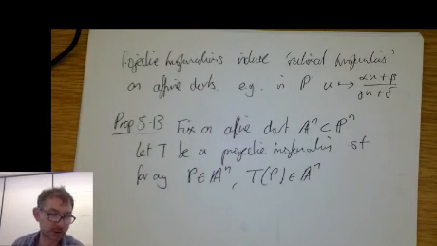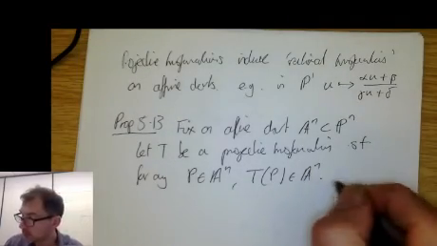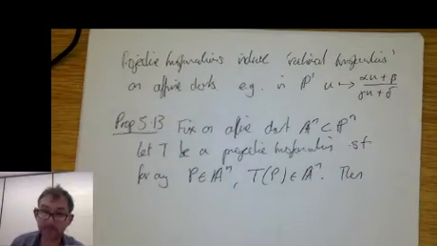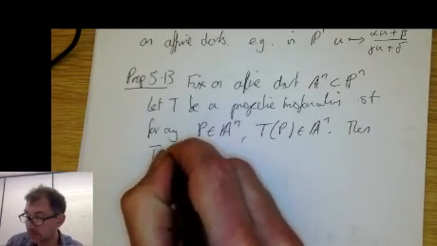So it stabilizes the affine chart. Then, in fact, T induces an affine transformation.